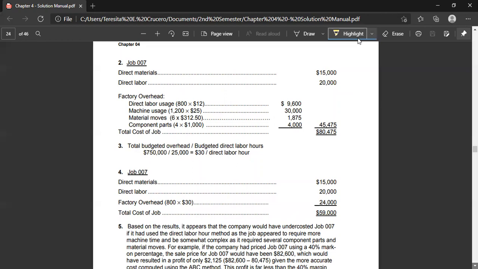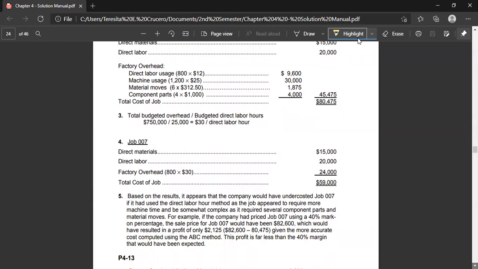That's the selling price minus the cost of 80,475 in number 2, given the more accurate cost computed using the ABC method. This profit is far less than the 40% margin that would have been expected.